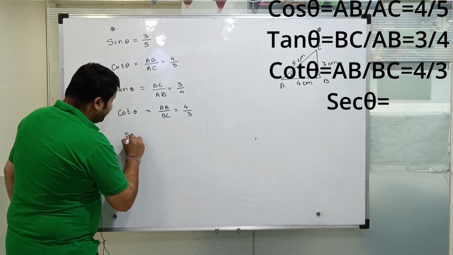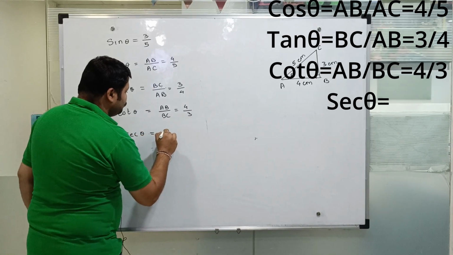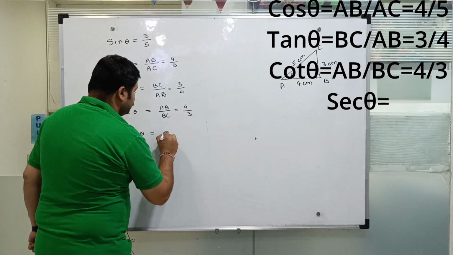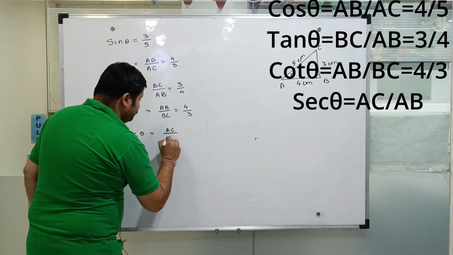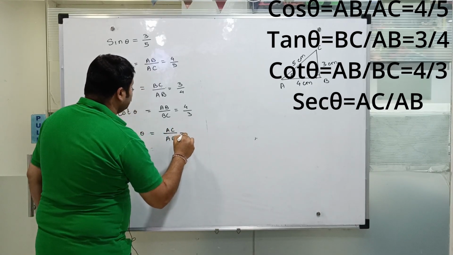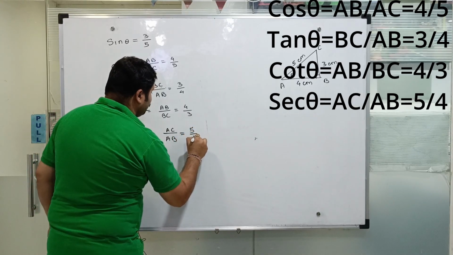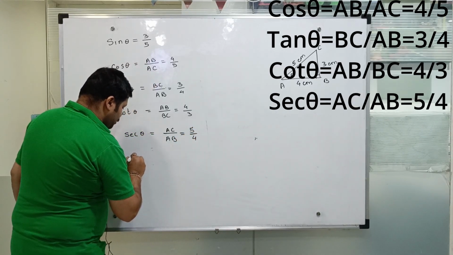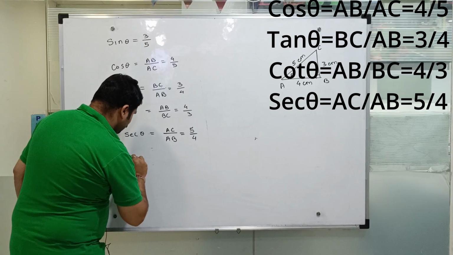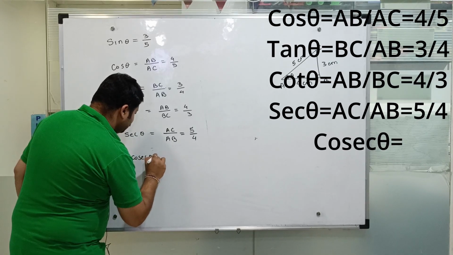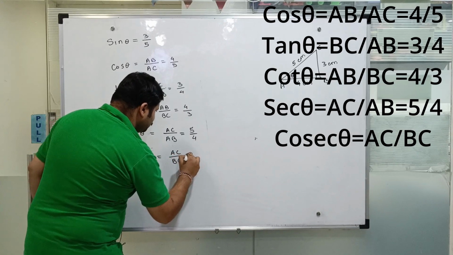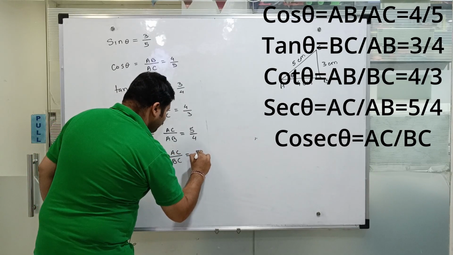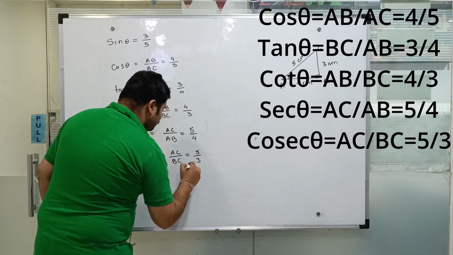Further, sec theta will be equal to AC upon AB, so that would be equal to 5 by 4, and cosec theta will be equal to AC upon BC, so that would be equal to 5 by 3.